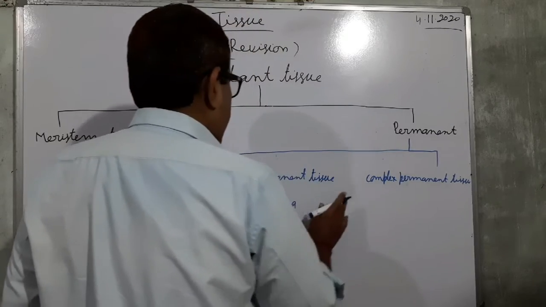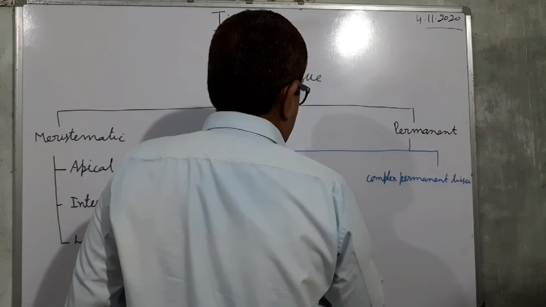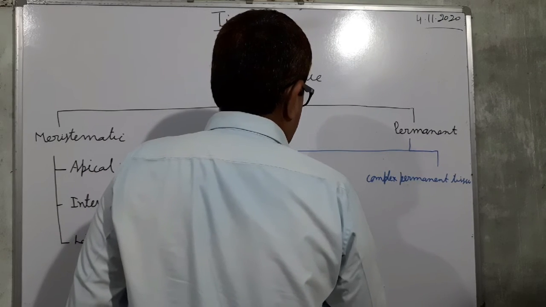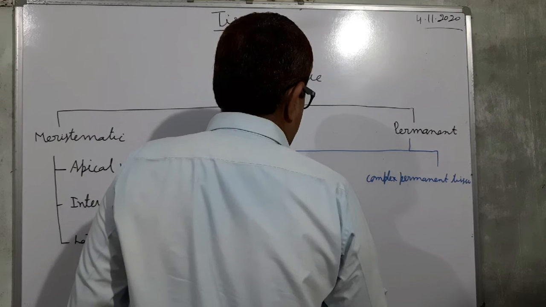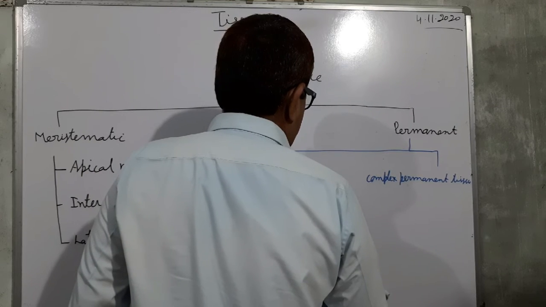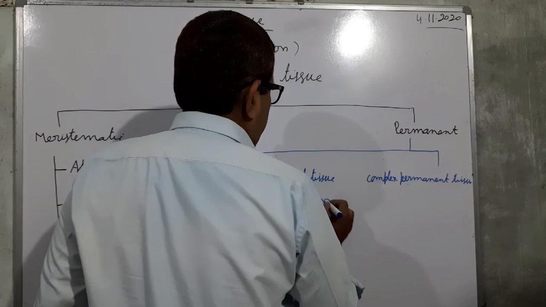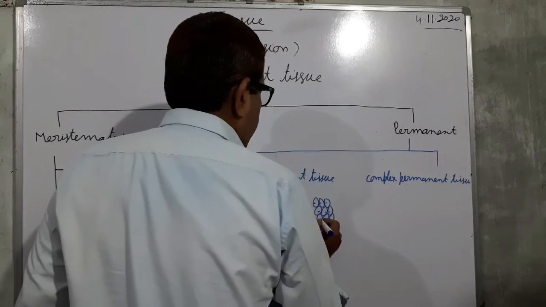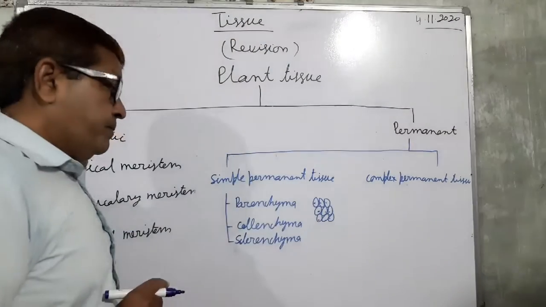In case of the parenchyma, the cells are thin walled, and there are intercellular spaces between them. Their shape may be variable. One nucleus is there and the cytoplasm is there. This is the parenchyma tissue.